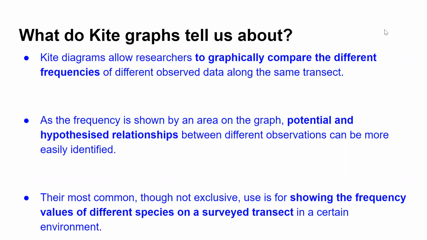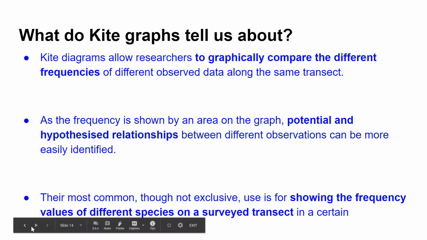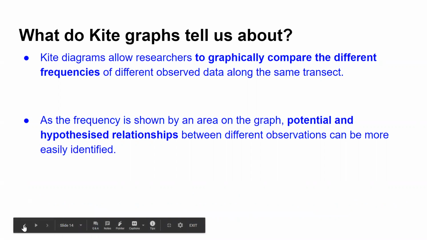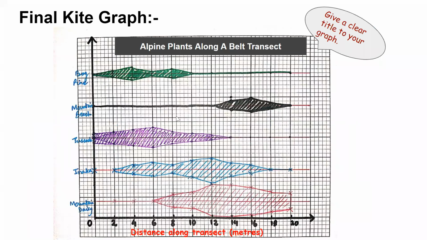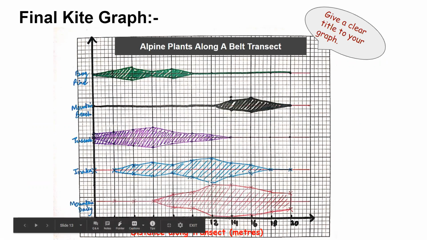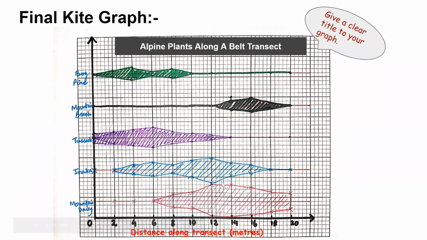This is very interesting because I want to take you to the previous slide and tell you how that happens. Suppose you are making kite diagrams of these alpine plants, and you can actually make a hypothesis by saying that in the area where tussocks grow, mountain beeches don't grow.